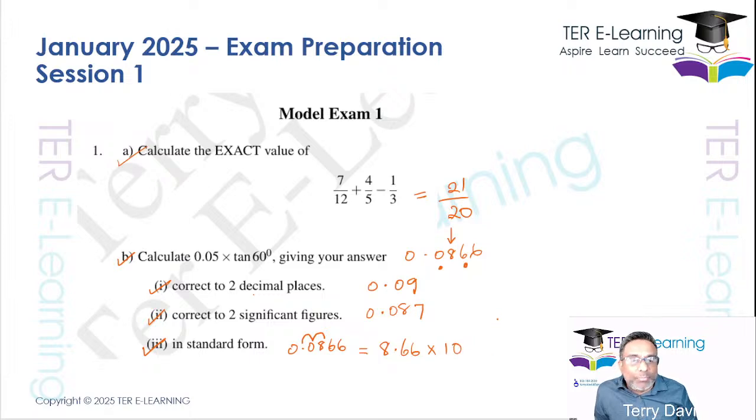Because you move the decimal point to the right, it is going to be negative. And you move it 2 places, so it's going to be 10 to the minus 2, right? So it's 8.66 by 10 to the minus 2, right? Right, so that's part A, part B, right?